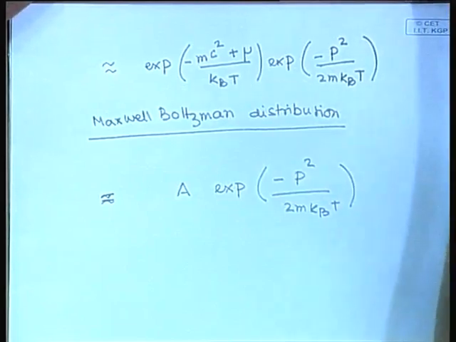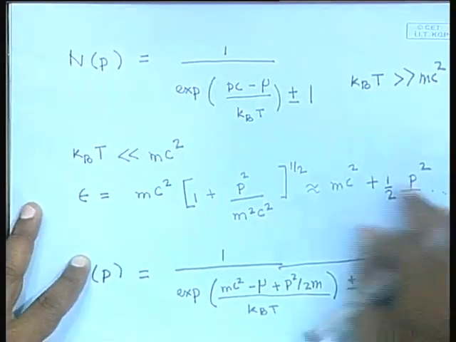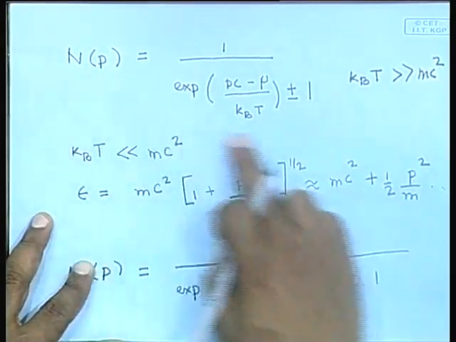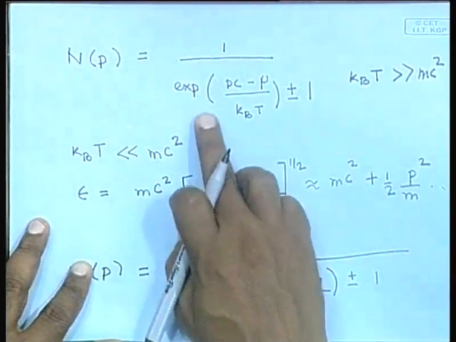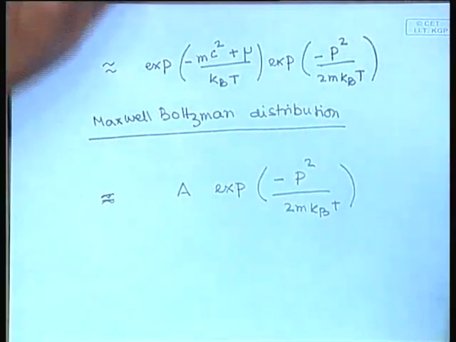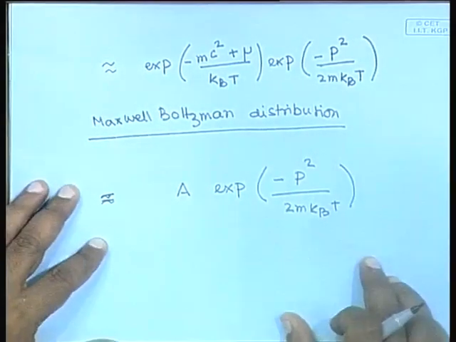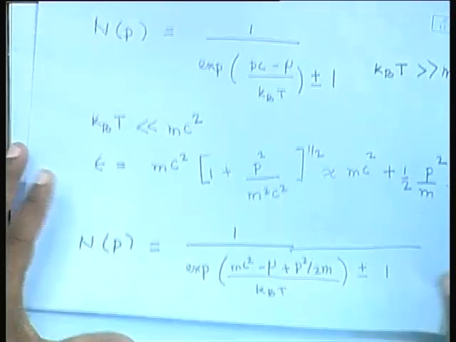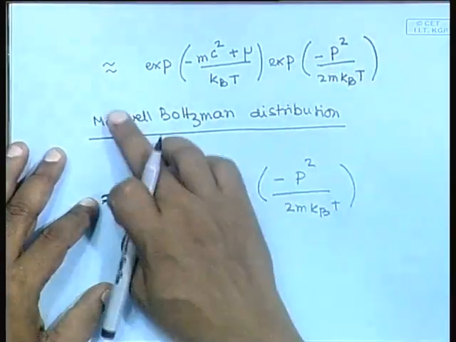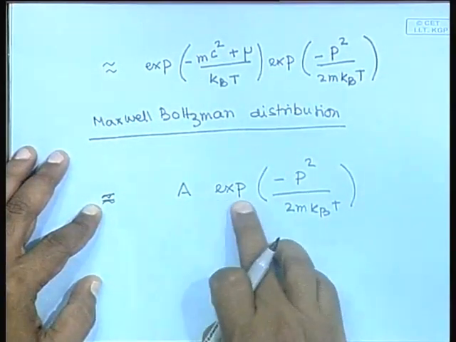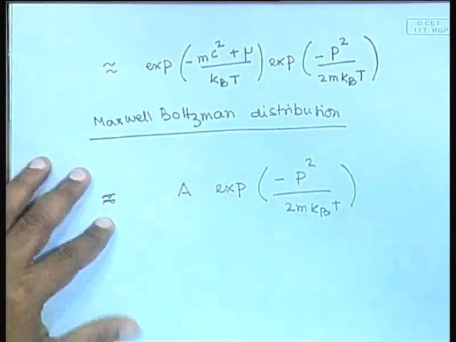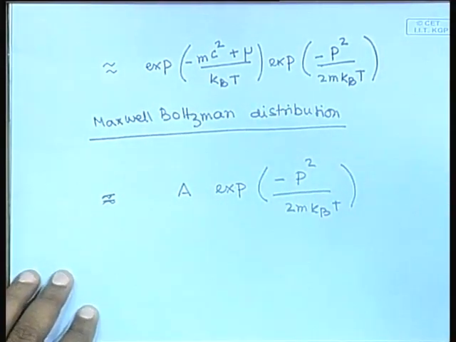So, we have seen the two different limits. The first limit is when the temperature of the system is much higher than the rest mass energy. The occupation number is given by this, where the rest mass energy does not figure in the expression for the energy of the particle. The other extreme is when the temperature is much smaller than the rest mass energy, and we can approximate the occupation number by a constant times exponential of minus p square by 2m kB T. This is the Maxwell-Boltzmann distribution.